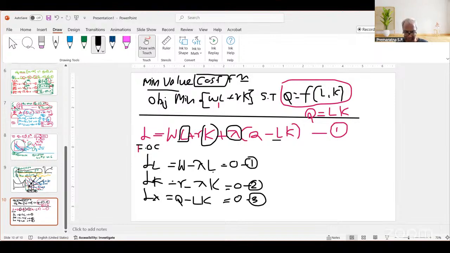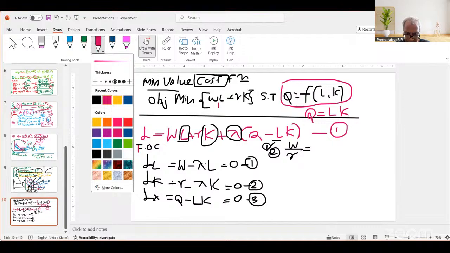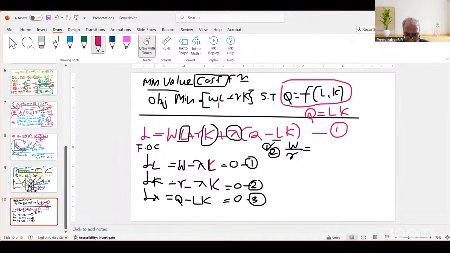Now look at the second equation. For instance, if you divide the first equation by the second equation, you get the W divided by R. Here I made a small mistake, but here this must be K, because when you differentiate with respect to L, this becomes K, and this becomes L. Sorry.